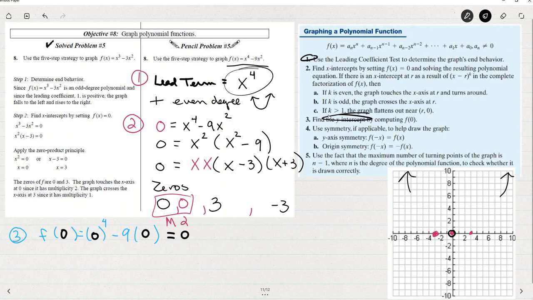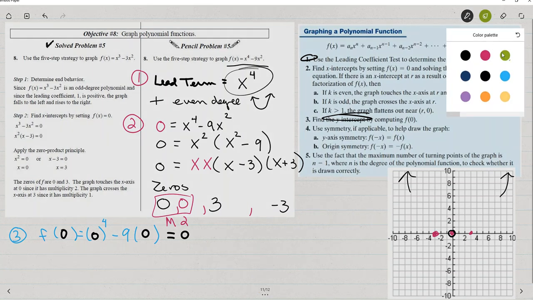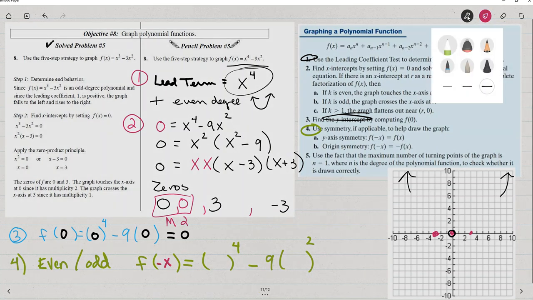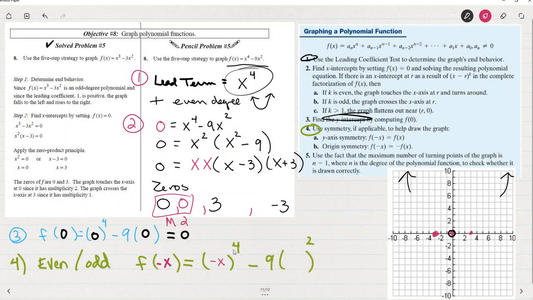And now let's look at symmetry. Do you remember how to determine symmetry? So to determine symmetry, we want to know if it's even or odd. And the way we do that is we find f of the opposite of x. So if f of x equals x to the 4th minus 9x squared, then f of the opposite of x, you see what's going to happen here?